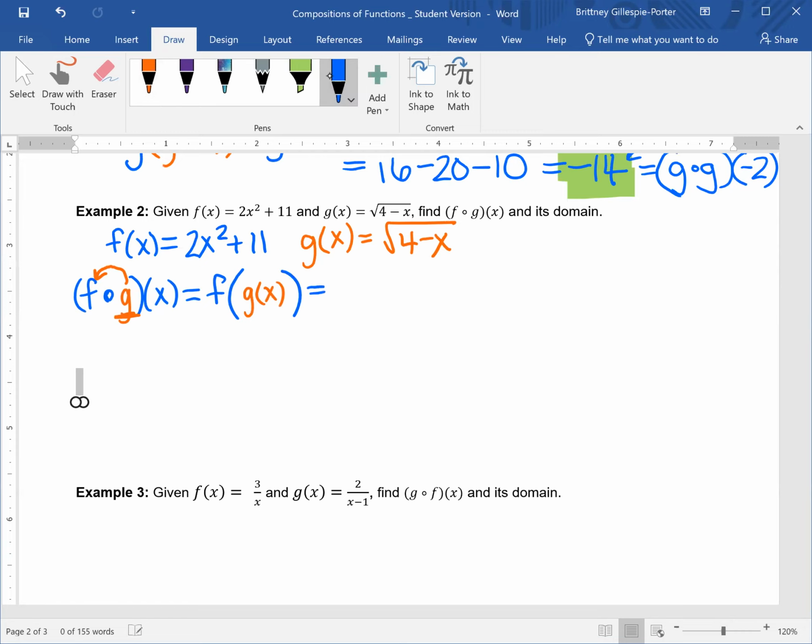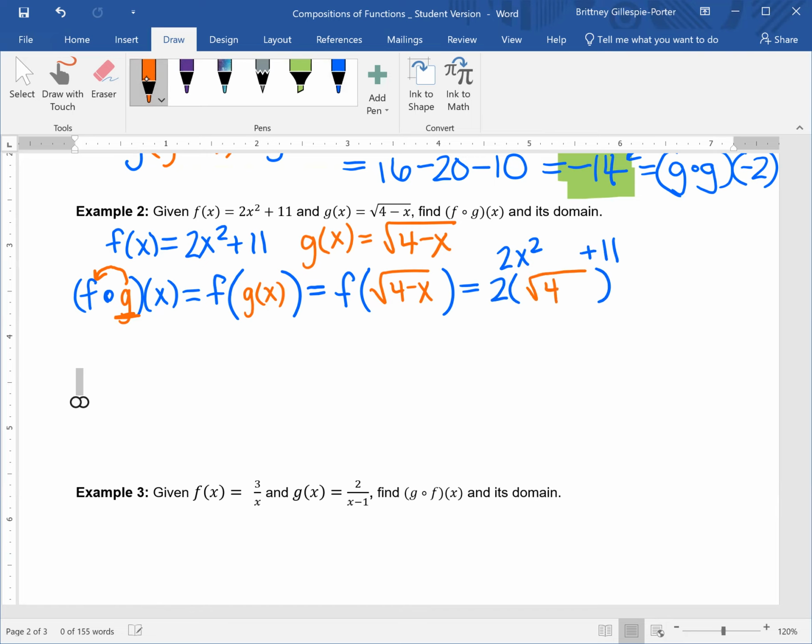Okay. But remember that g of x is equal to the square root of 4 minus x, which means in my original function, when I had 2x squared plus 11, instead of x, I'm going to put in my square root of 4 minus x and include my plus 11.